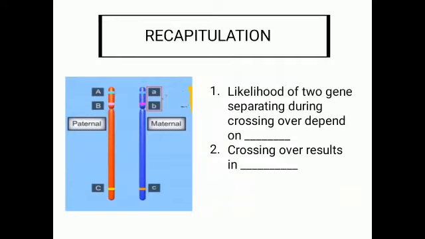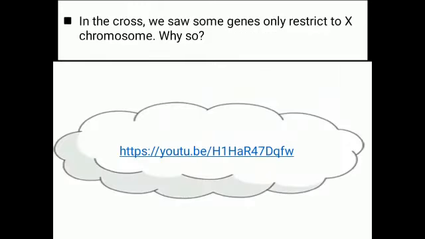Next question. Crossing over results in dash. Well, crossing over results in genetic variation, or we can say recombination. In the cross that was performed by Thomas Hunt Morgan, you saw some genes are only restricted to the X chromosome.